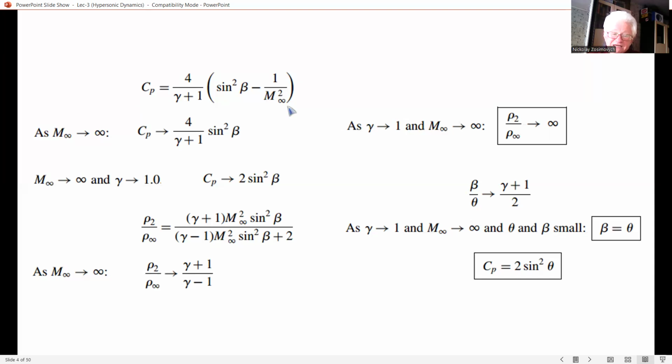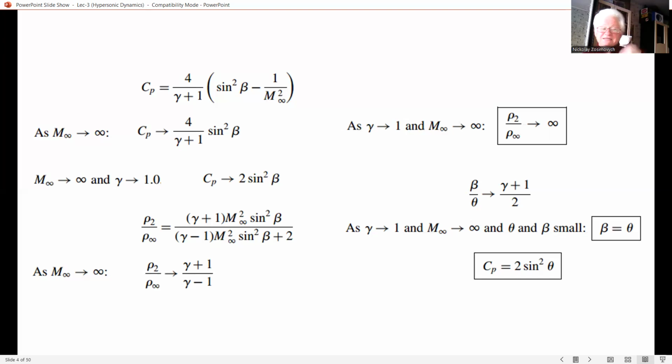In the limit of very large Mach number, this Cp becomes 4 over gamma plus 1 times sine squared beta, right?